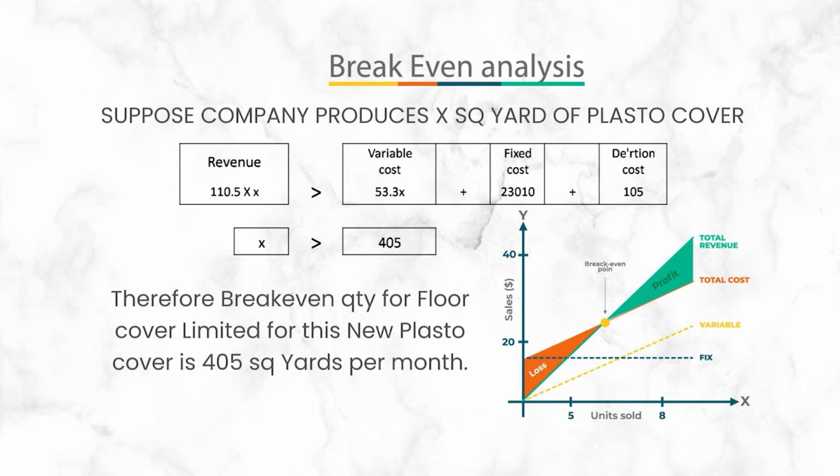So if you price it lower, then you have to sell a higher quantity. If you price it still higher, then you can break even at a lower quantity, a volume of just 300 units. So ideally you can price anywhere.